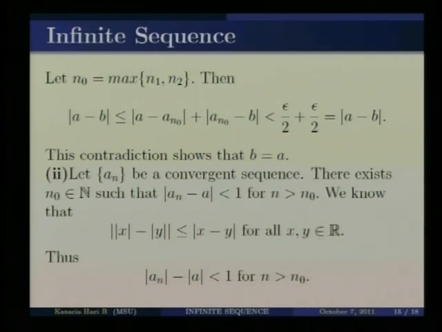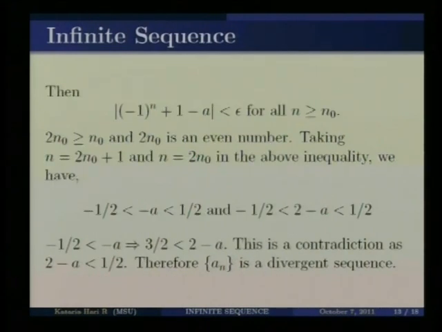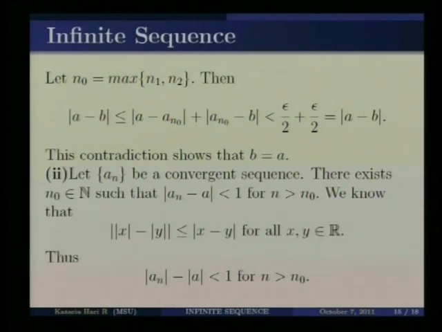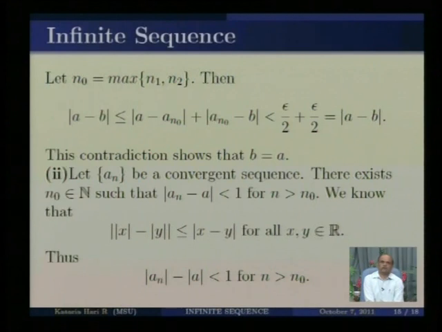Now, another thing we will prove is that if an is a convergent sequence, then it must be a bounded sequence. For that purpose, we begin with a convergent sequence an, and as this is convergent, there exists an integer n0 belonging to n such that mod an minus a is less than 1 for n greater than n0.